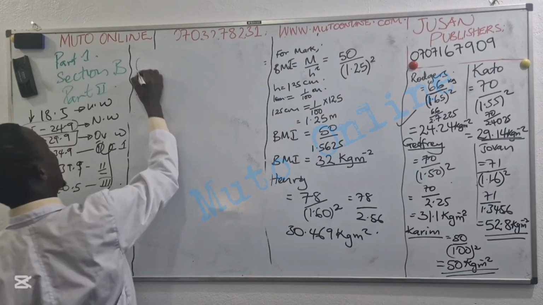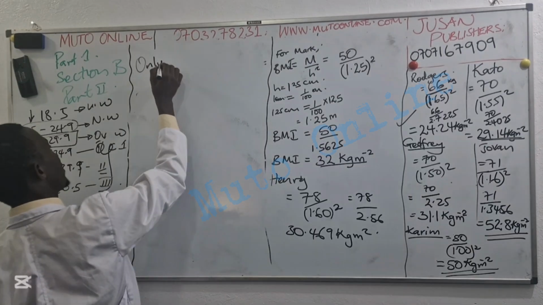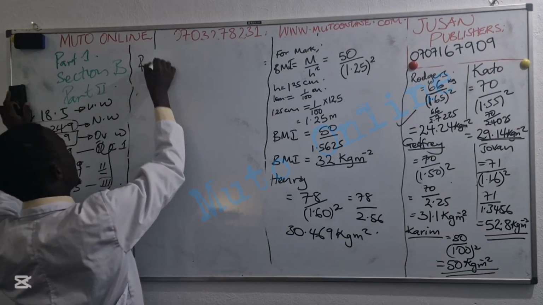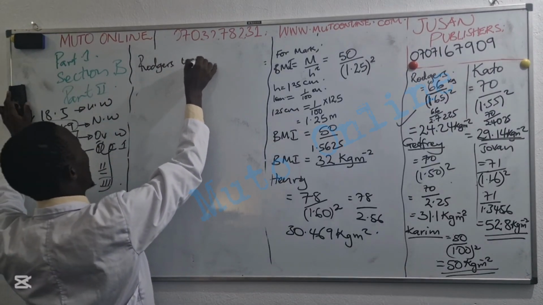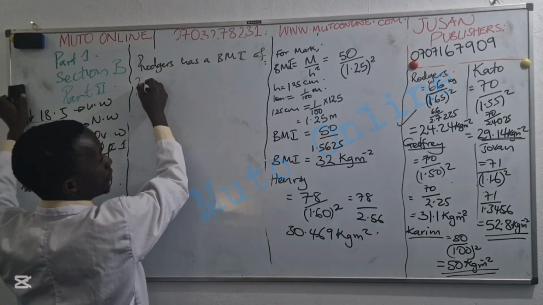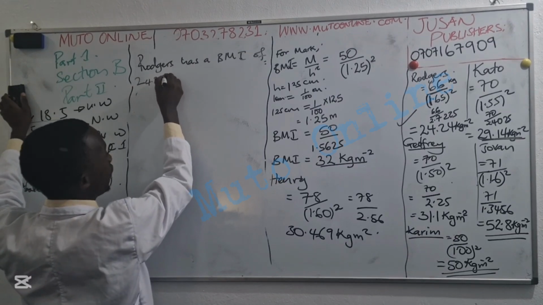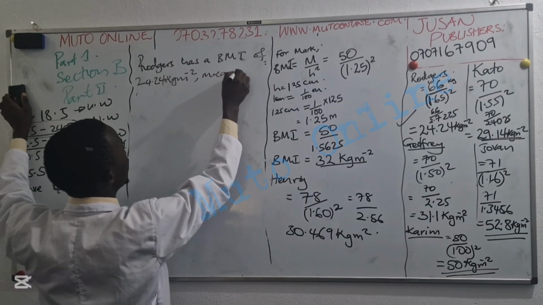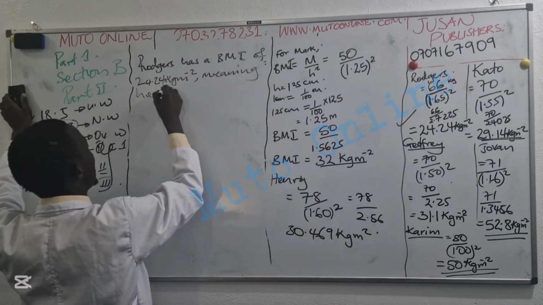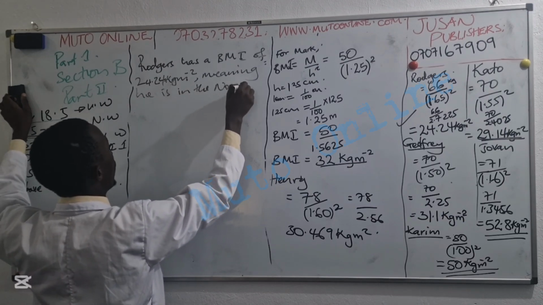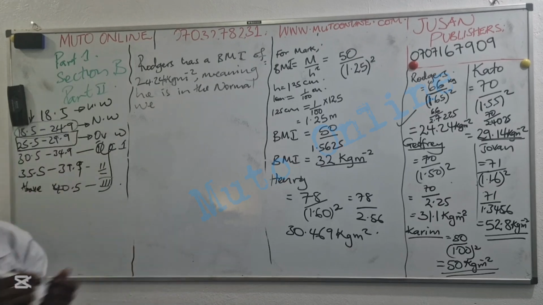So let's just classify them. Rogers has a BMI of 24.24 kilograms per meter squared, meaning he is in the normal weight range.